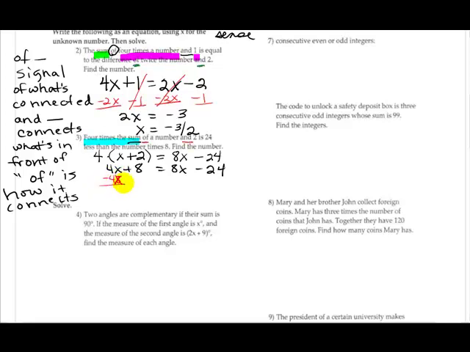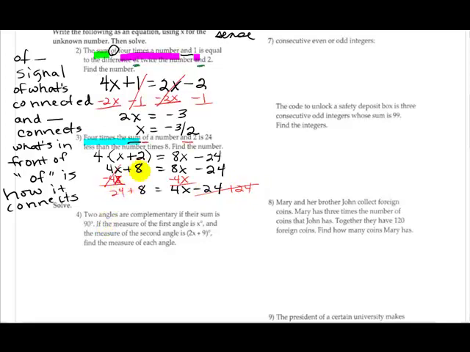I can't write tonight. Subtract the 4x so that that cancels. Then we want to add the 24 because we want to get rid of that.